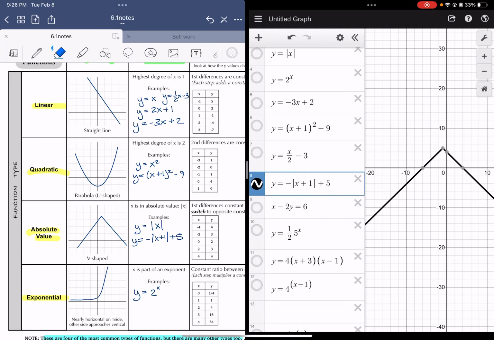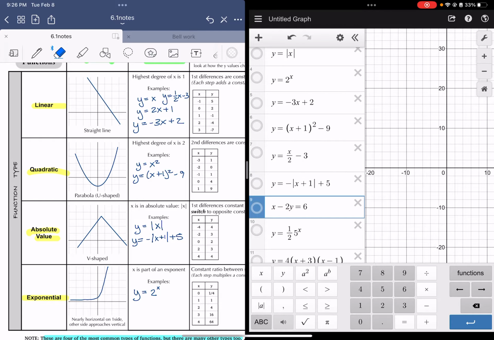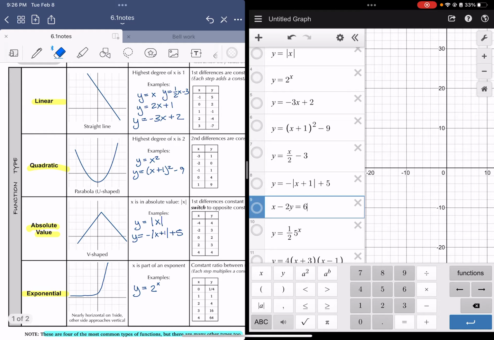All right. Moving on, we have x minus 2y equals 6. Again, the highest power on our x is just a 1. The degree of x is 1. So that's going to be another linear equation. It's in a different form that you probably aren't used to using as much, but that is a linear equation as well.